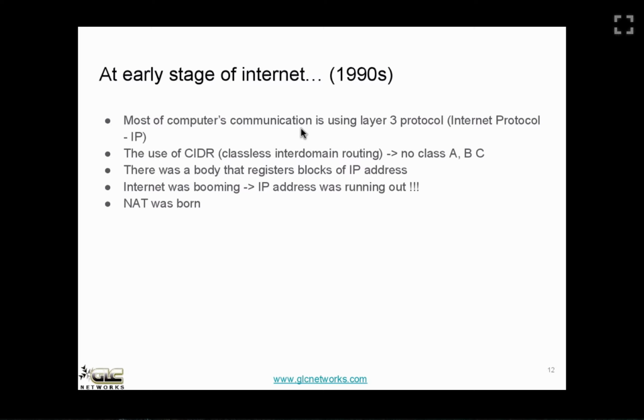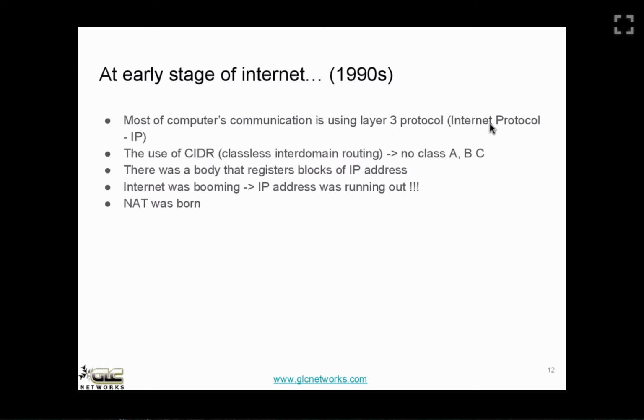There was AppleTalk, there was DECnet, there was Internet Protocol, which was developed by DARPA, a defense project of the Department of Defense of the United States of America. So they developed the Internet Protocol. And the most popular protocol used at the time was Internet Protocol.